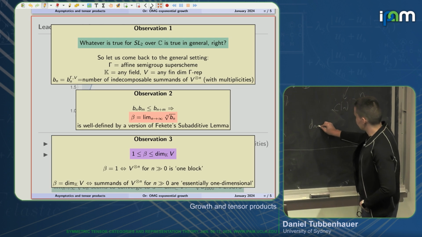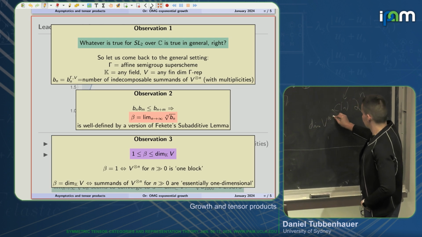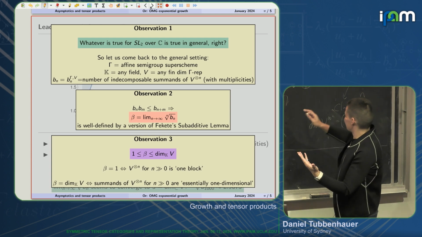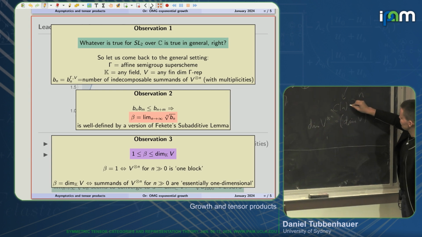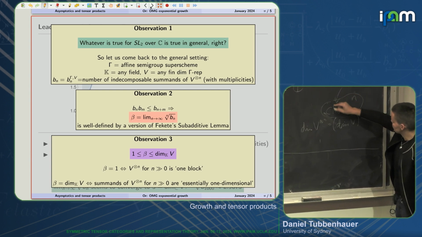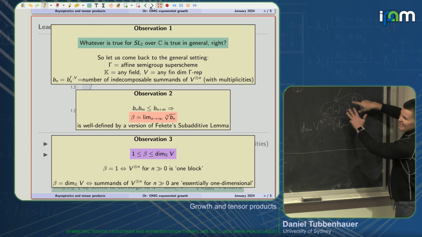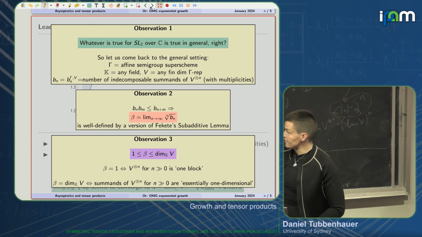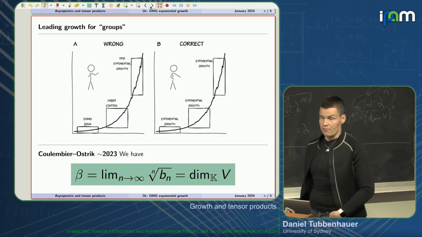Remember that this guy here grows exponentially. And if this number is 1, it really wants to say that it looks like this. There's some sub-exponential correction factor, but essentially the growth is exponential. And it turns out that this is true.